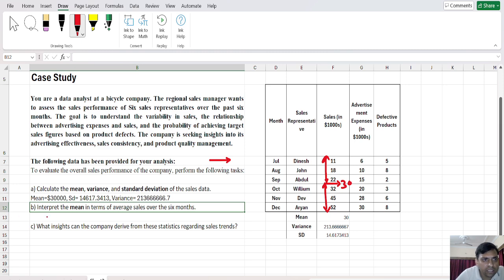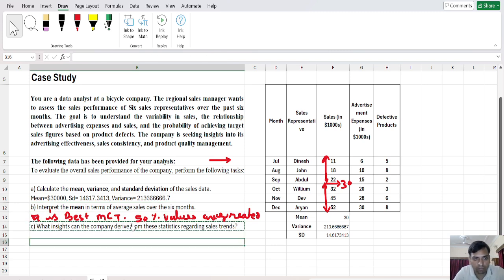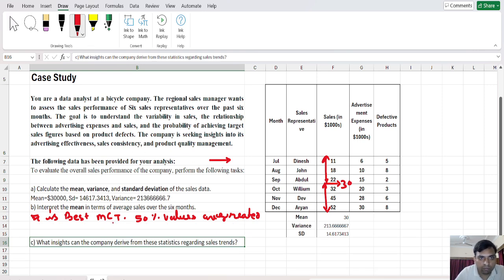So we can say this mean, x bar, is the best measure of central tendency, because 50% values are greater and 50% values are lesser than mean.